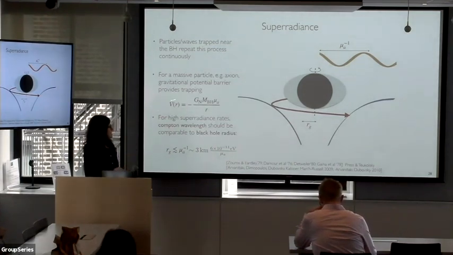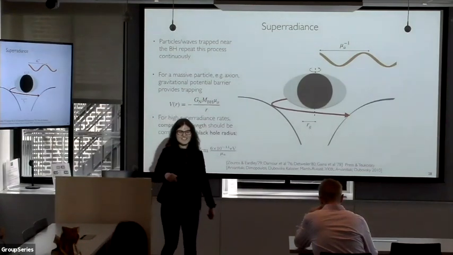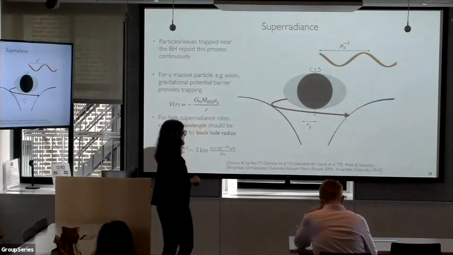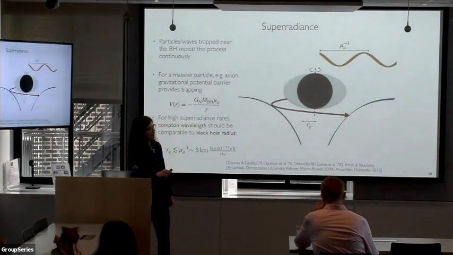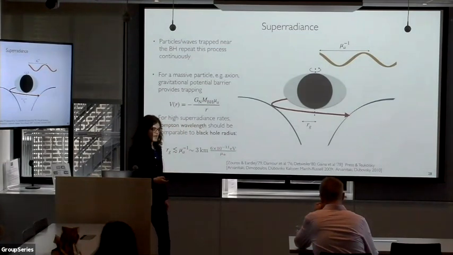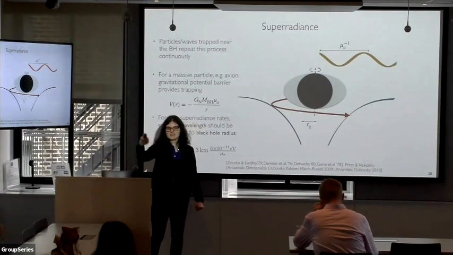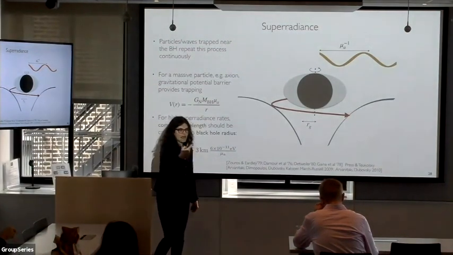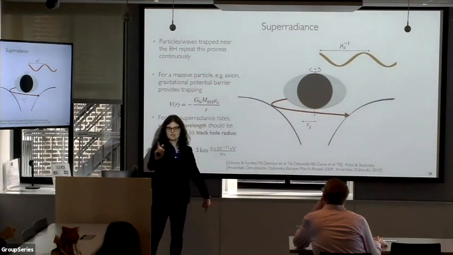For stellar mass black holes... Sorry, yes? I feel like I'm being stupid, but when you say angular velocity... yes, thank you. So what I really need is the phase velocity. So what you're comparing is, if you write the field as e to the i m phi minus i omega t, it's omega over m. So it's the phase of the particles in the state.